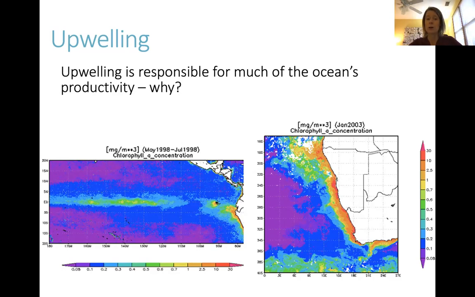So upwelling drives a lot of the productivity. And by productivity, we'll get into the specific details of that in another chapter. But here I just mean how much biomass there is. And particularly in this case, we're talking about biomass of algae. So how much algae there is is driven by upwelling.